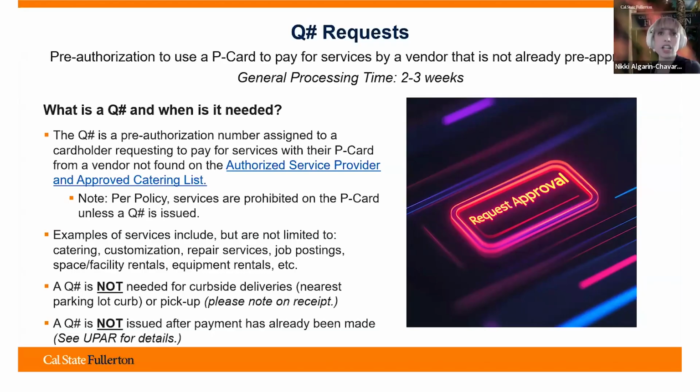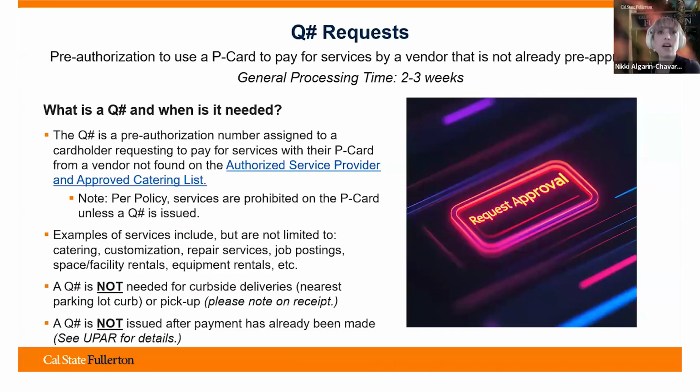Examples of service include, but aren't limited to, catering, customization, repair services, job postings, space and facility rentals, equipment rentals, etc. A queue number is not needed for curbside deliveries or pickup.